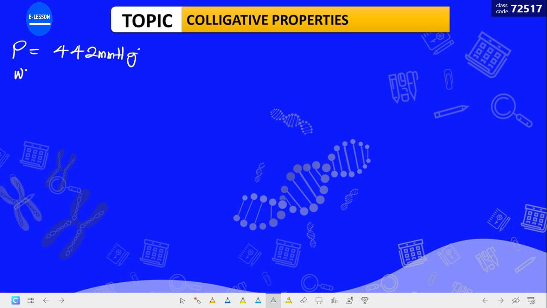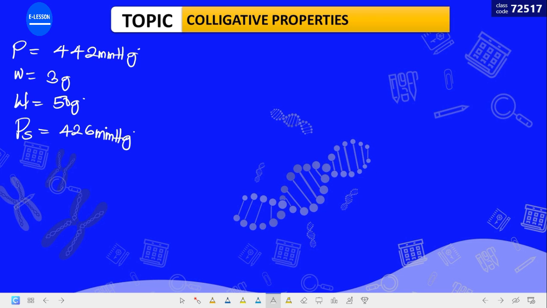It means that the mass of solute is 3 grams and the mass of solvent is 50 grams. At this temperature, the vapor pressure of the solution fell to 426 millimeter of mercury.